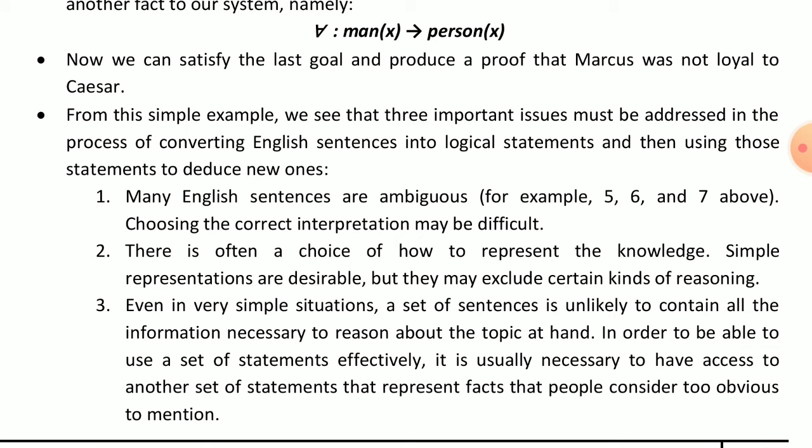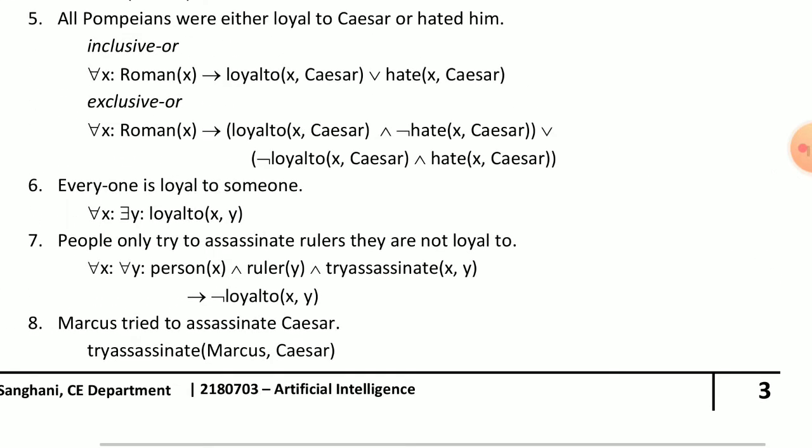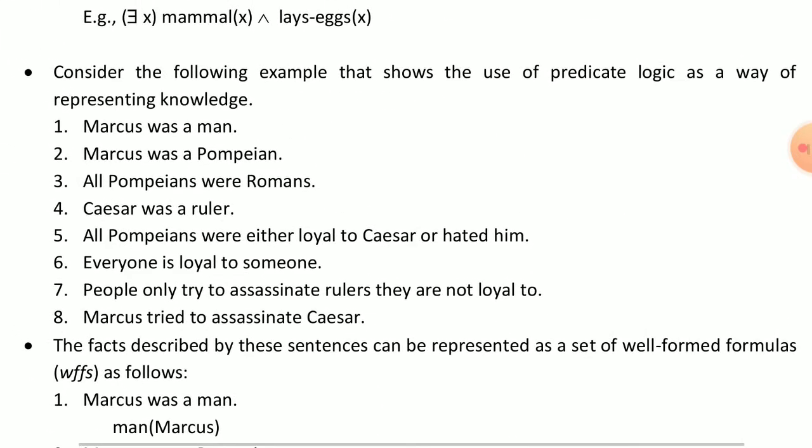So here the first statement is many English sentences are ambiguous. For example, 5, 6 and 7 above, choosing the correct interpretation may be difficult. In the previous video lecture, we took these 8 different sentences.